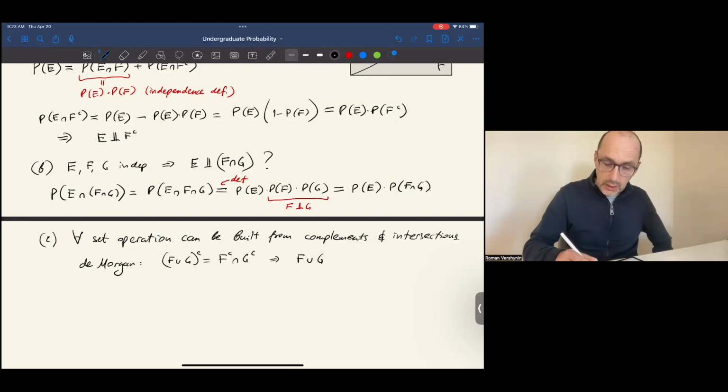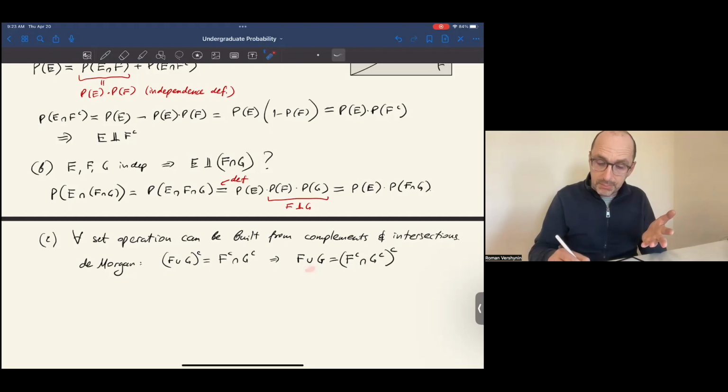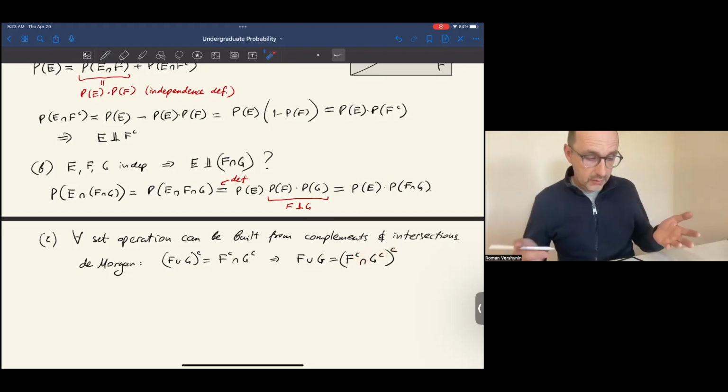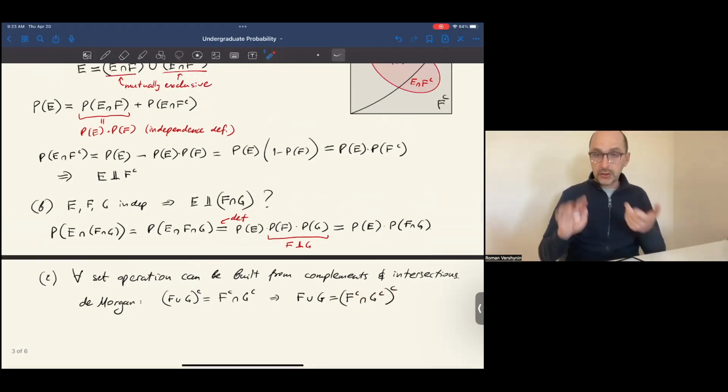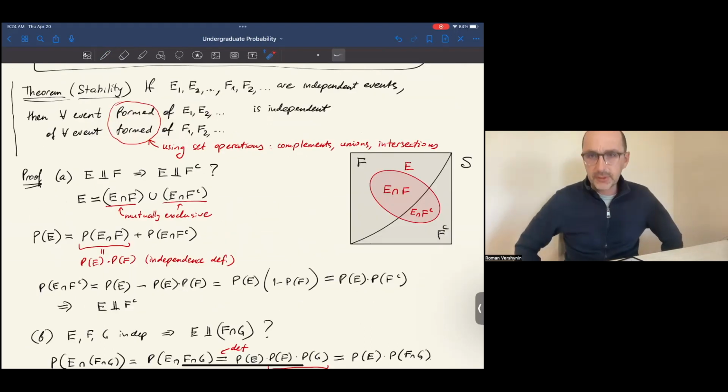So the union F of G, if we take another complement of both sides, is this. So the union can be built by repeating operations of the complement and intersection. Now we treated all set operations, complements, unions, intersections, and that's how we proved this stability theorem.